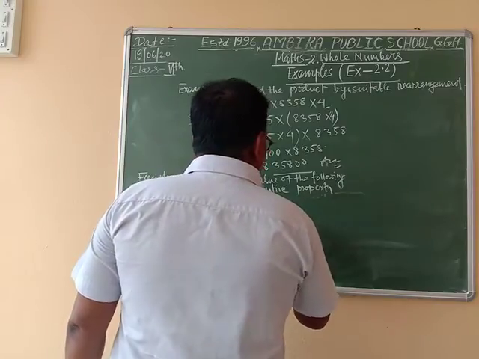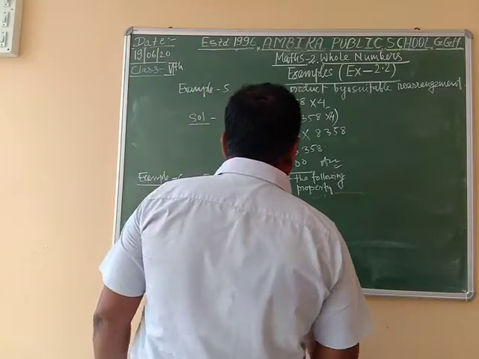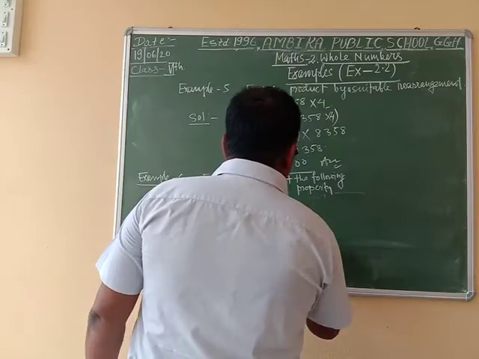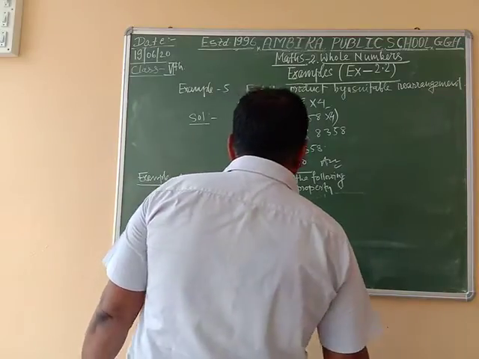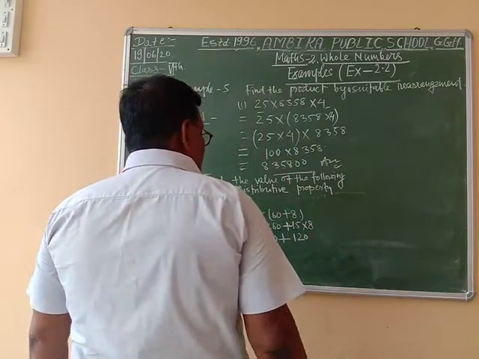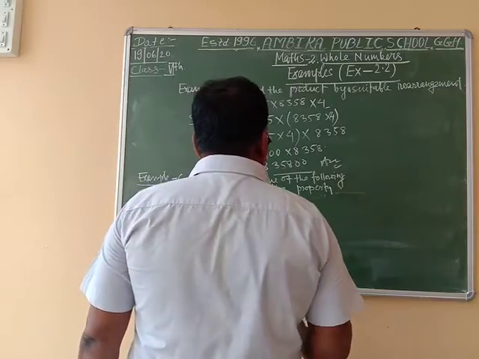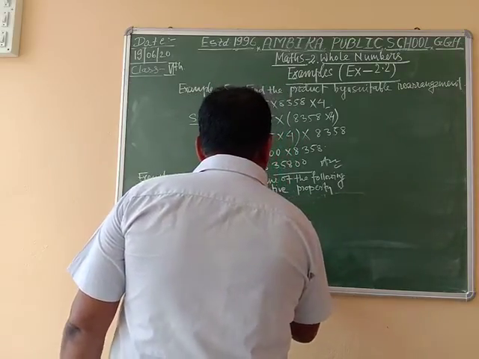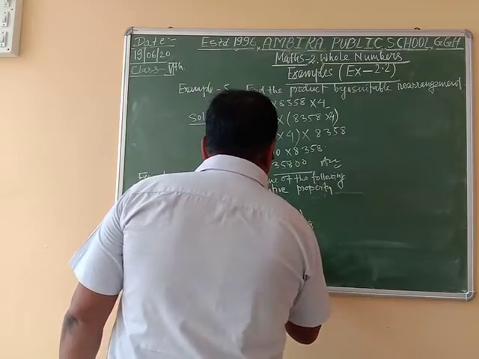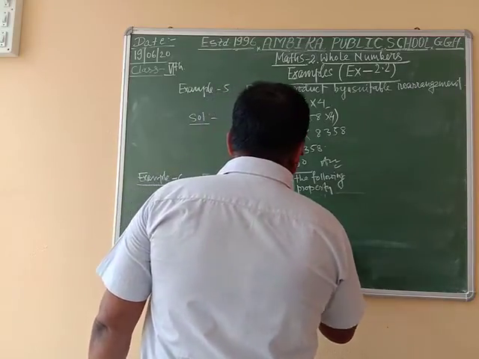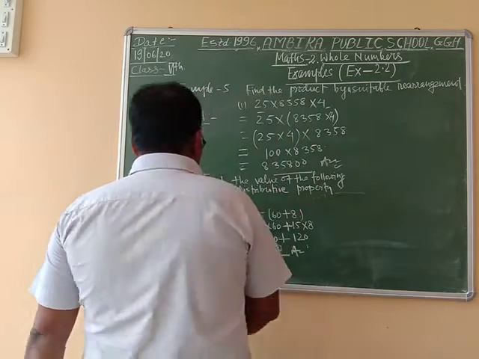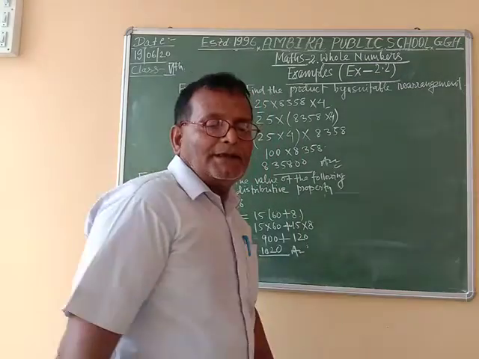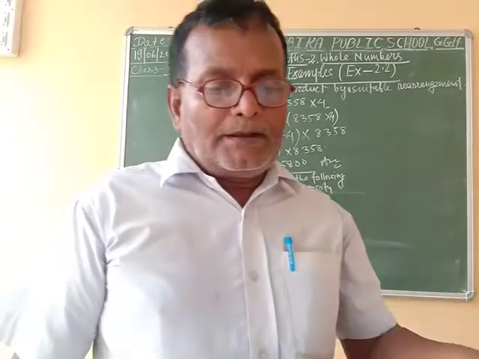If we multiply 15 by 8, we get 120 as product. Now we add 900 plus 120 is equal to 1020. So using this distributive property, you can multiply any number.